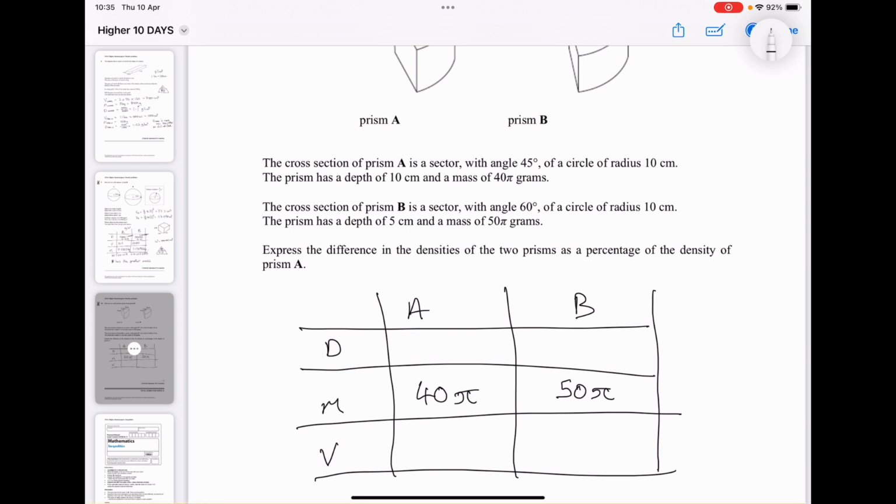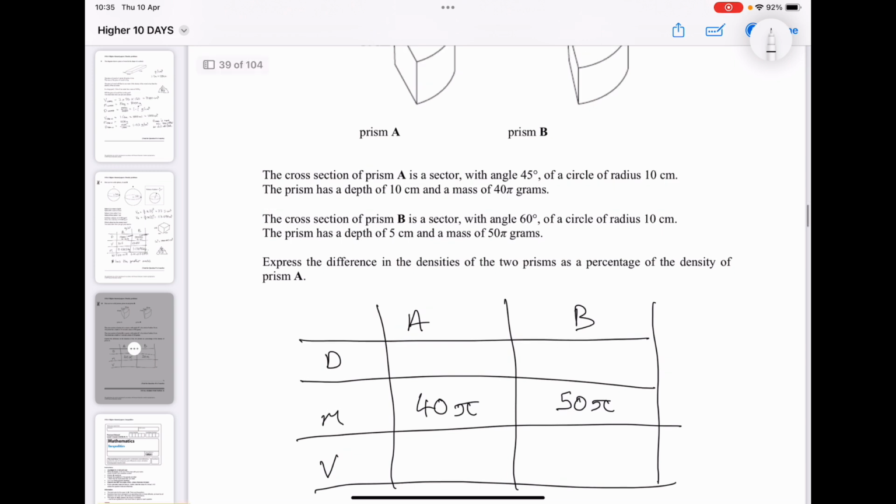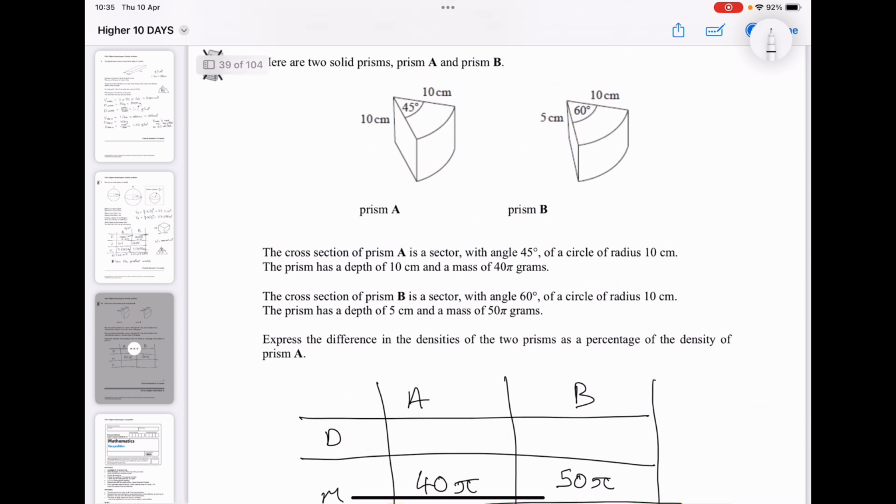Right, what I've got to do now is work out the volume of these. The volume's quite easy, because the volume of the prism is the area of the sector times the height.